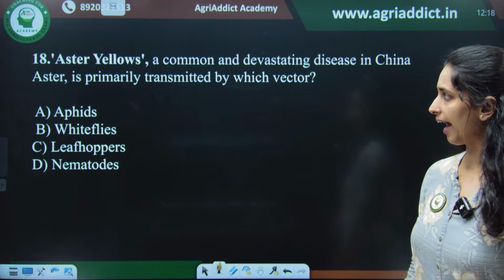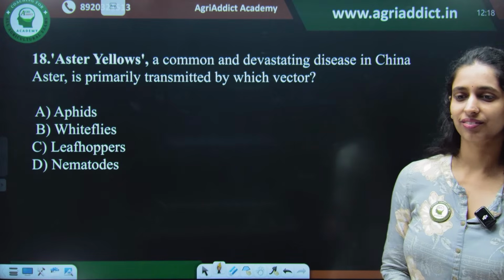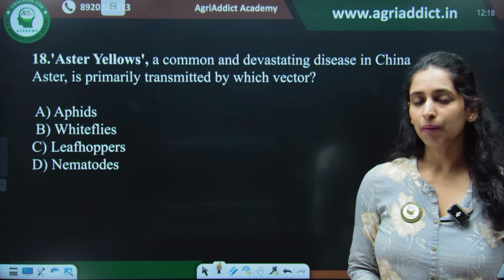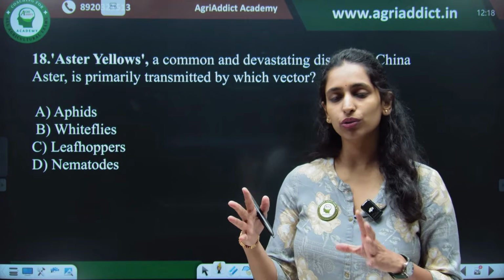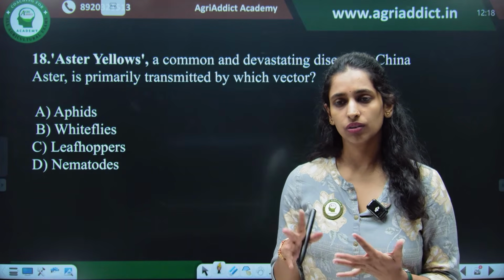18th one, aster yellows, a common and devastating disease in China aster, is primarily transmitted by which vector? आपको वेक्टर के बारे में ना आपको कुछ जनरल आइडियाज होना चाहिए. वेजिटेबल्स में भी आता है ना ये क्वेश्चंस.